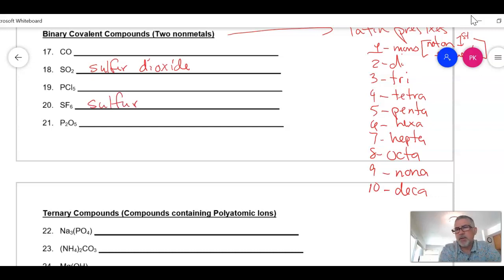Remember, I wouldn't use mono because it's the first element. And then there are 6 fluorines, so 6 is hexa. And fluorine becomes fluoride because it gets that "ide" suffix. All right, so pretty easy.